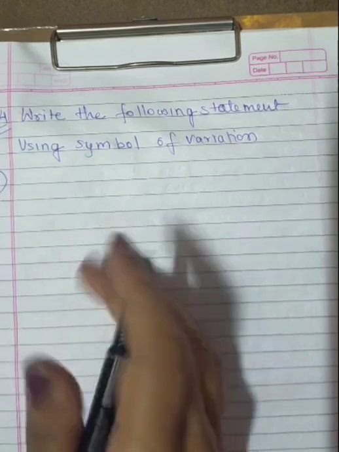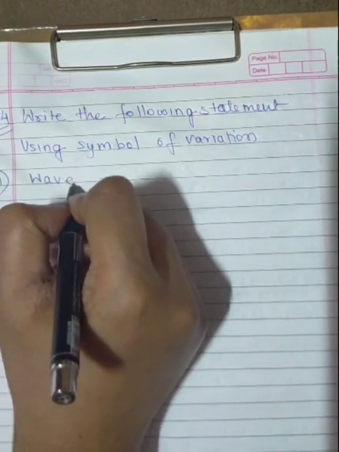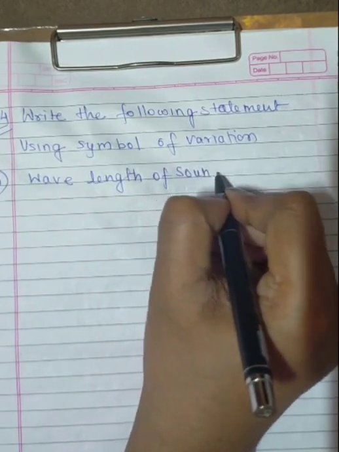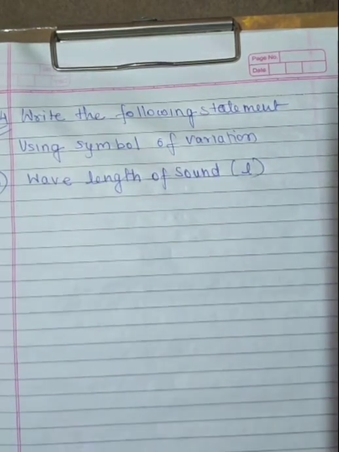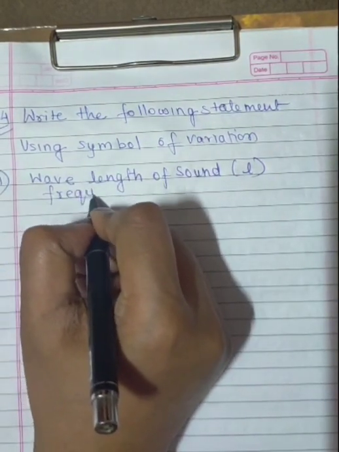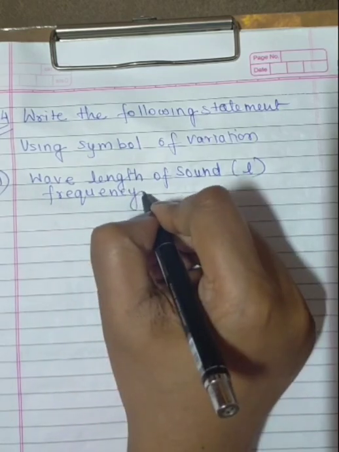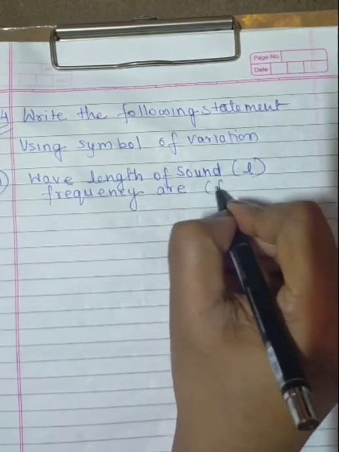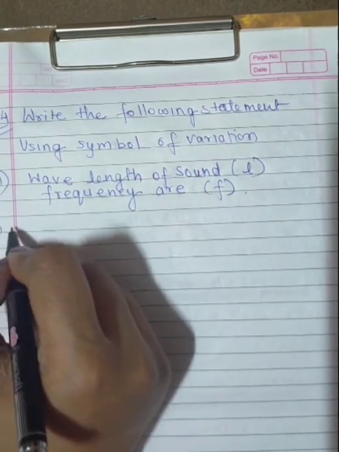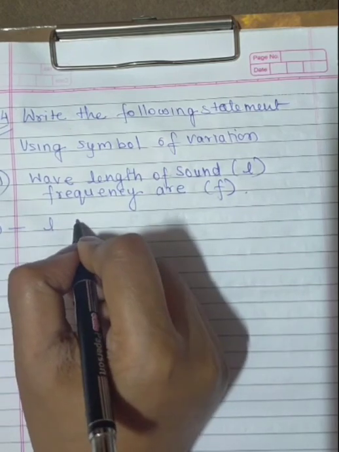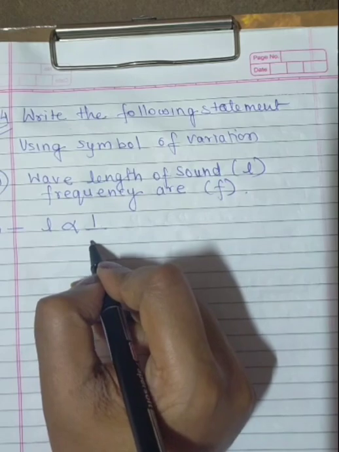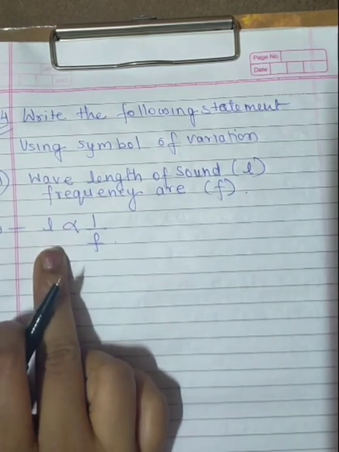So the wavelength of sound is L and the frequency is f, and both are in inverse variation. So the answer is L ∝ 1/f.